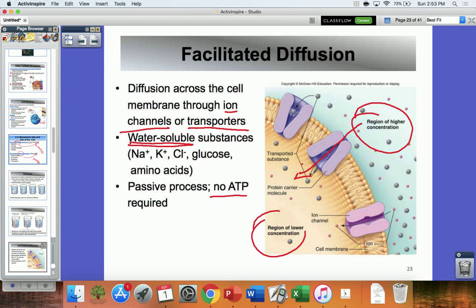So from high concentration to low concentration with the help of a carrier protein. So these two will be our carrier proteins, whereas this is an ion channel, where it was just passed through.